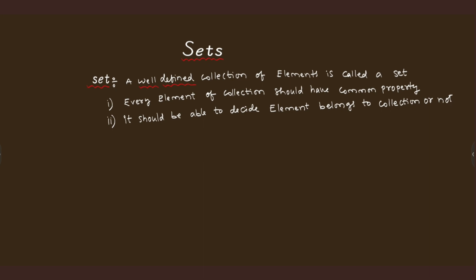What is the second condition? We should be able to decide whether an element belongs to the collection or not. How do we decide? If you take any student, you can decide whether he is of class 10 or not. If he is in class 10, he belongs to that collection, otherwise he does not. So we can say that the collection is a well-defined collection and it is a set.